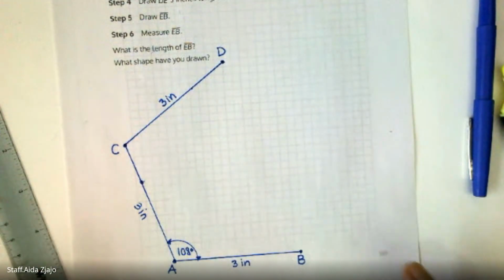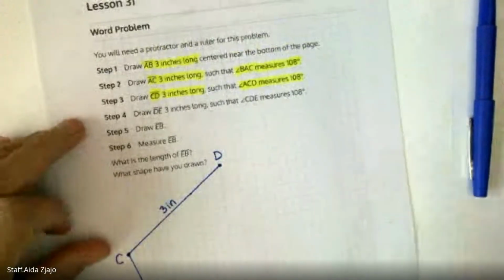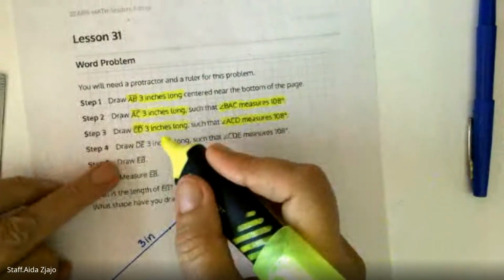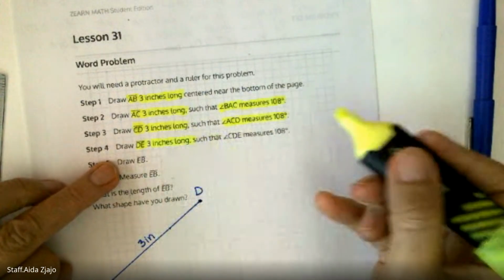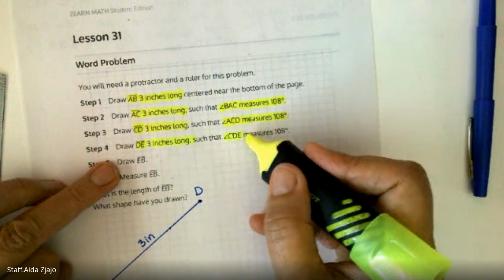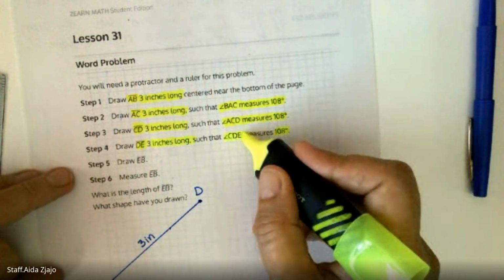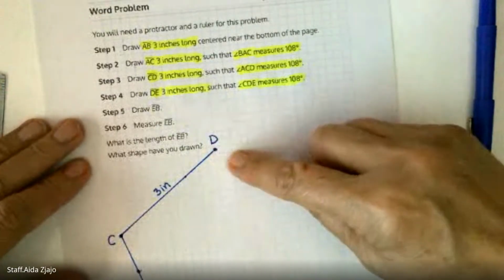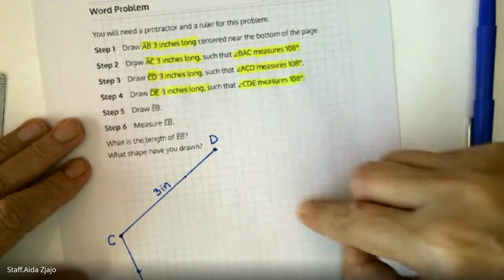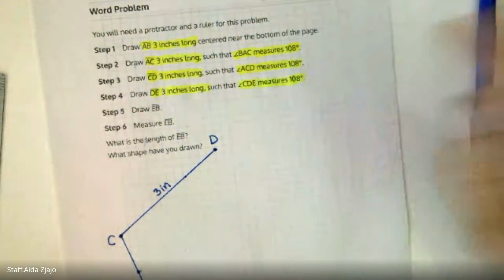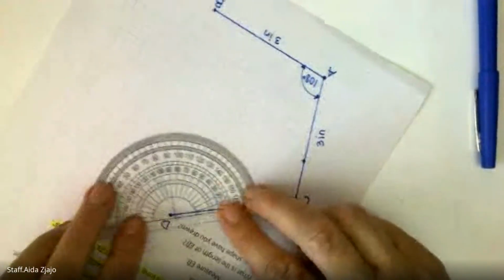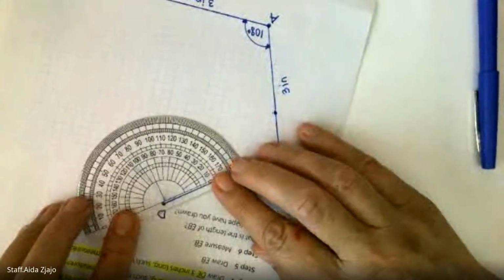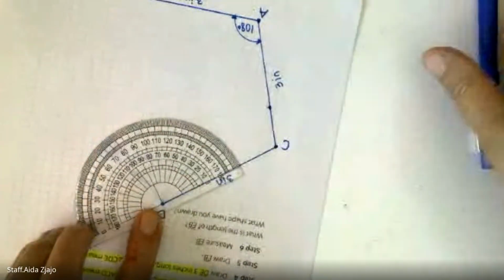All right. So next clue says draw DE line segment that is 3 inches long and angle CDE measures 108 degrees. Now E is going to be somewhere here, but also going to be 108 degrees. Let's take my protractor. I need this angle to be 108.